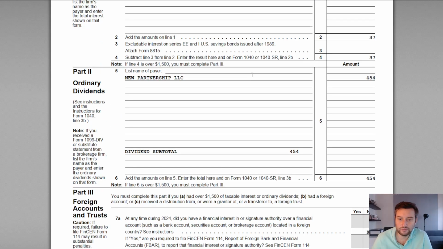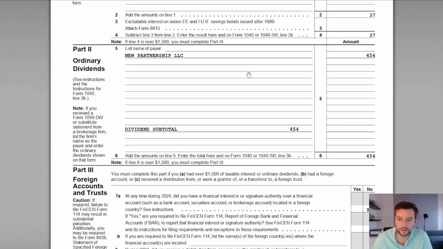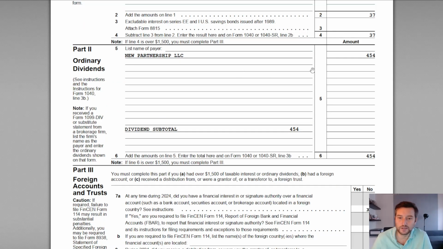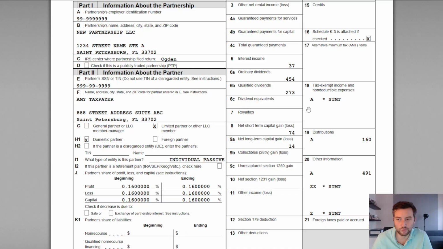Now in Part 2, ordinary dividend income, we have a similar entry. So we've listed the partnership LLC, and the K-1 shows ordinary dividends of $454. So that's what's being reported up on Schedule B in Part 2. Now with dividends, you always have to consider the qualified dividend portion.